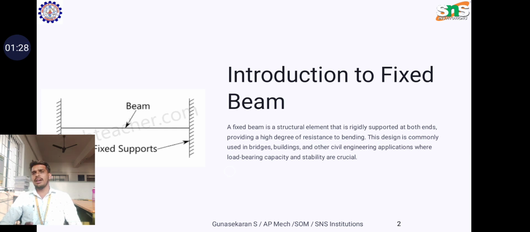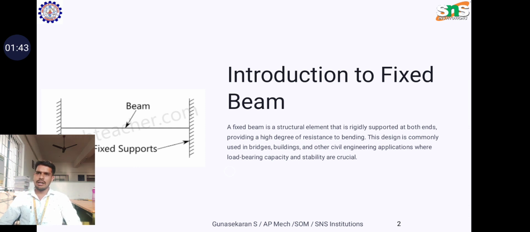Load distribution: the load is distributed more evenly compared to other types of beams, resulting in reduced bending moment and shear force along the beam length.